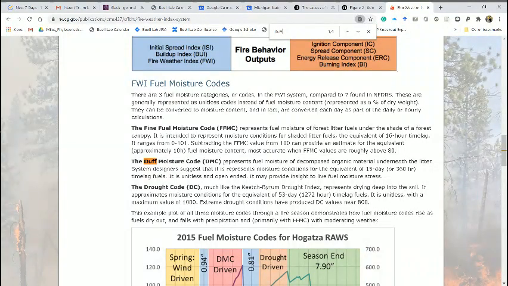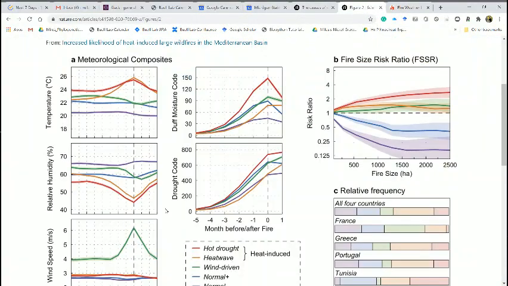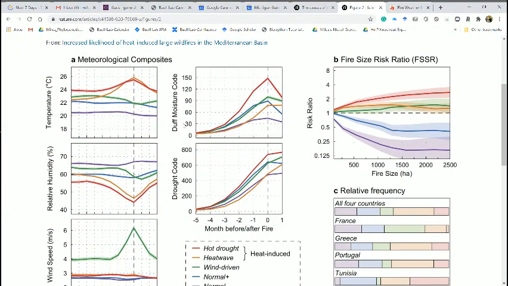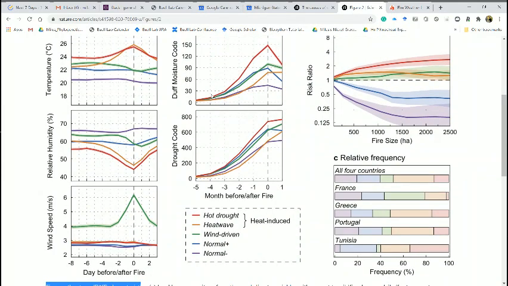Duff moisture code represents fuel moisture of decomposed organic material. Okay. So just how moist any organic material is that could possibly catch fire. So all these different kinds of heat-driven wildfires are correlated with sudden increases in the Duff moisture code and increases in the drought code.